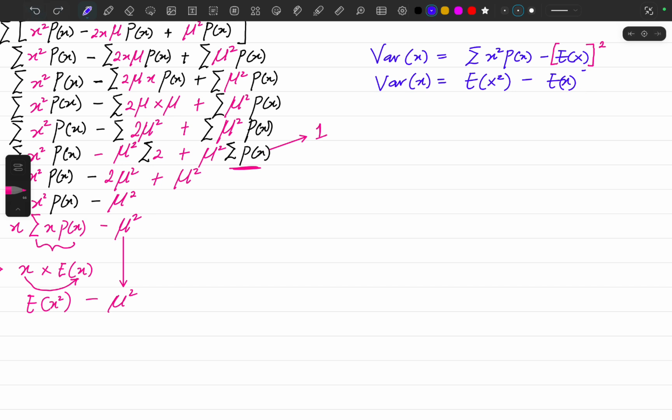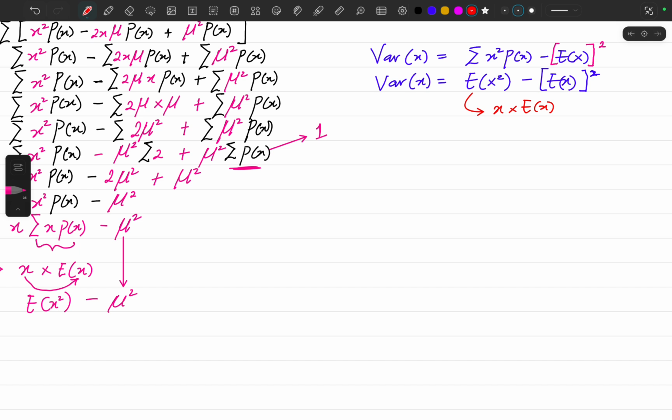Sorry about that. So these are two different concepts. You do not want to mix this up. Don't forget that this here actually means x multiplied by the expected value. That is what you do not want to forget.